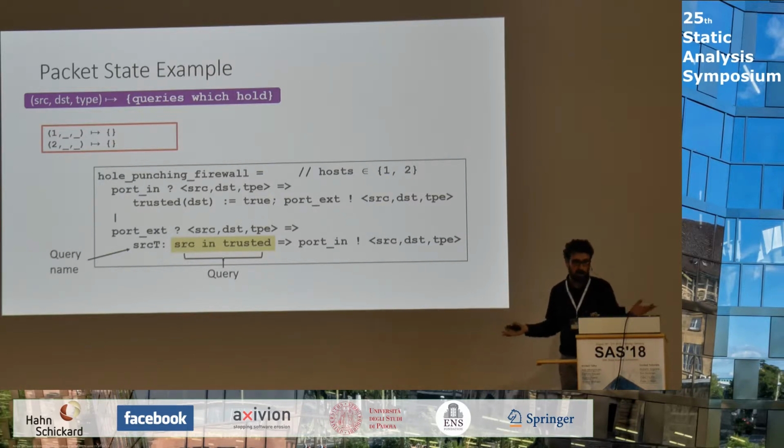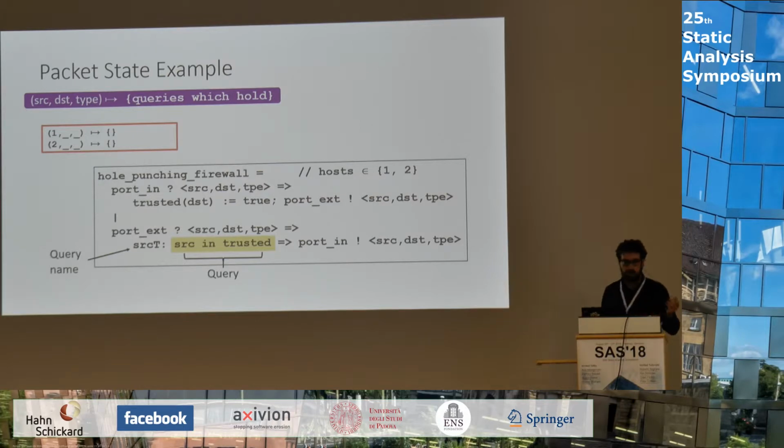Trusted is empty, we trust no one at this point, and no packet that will arrive will be evaluated true. And indeed, when a packet with the source 1 arrives on the external port from outside of our network, the query is not in the set, and the packet is dropped.